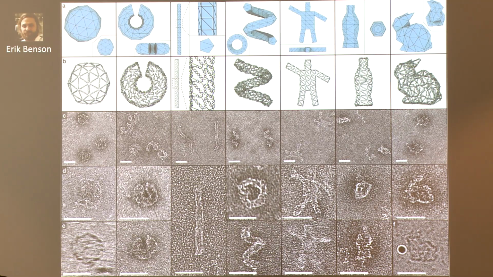So we have this knowledge that DNA origami are very easy to make. In my lab, I would say it takes less than a month for a master student to learn how it works and then design new structures and fold them and look at them in an electron microscope. And we can make almost any conceivable shape, as I am trying to show you here, very easily.